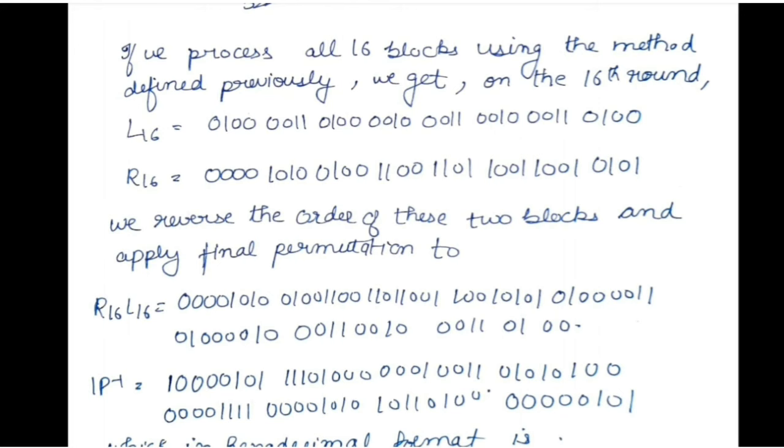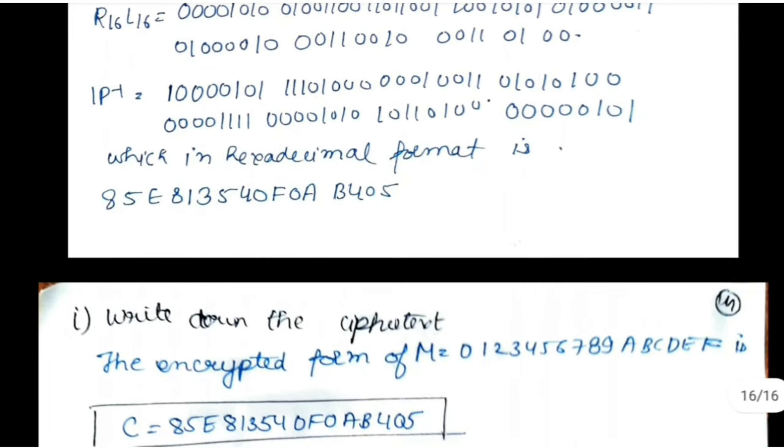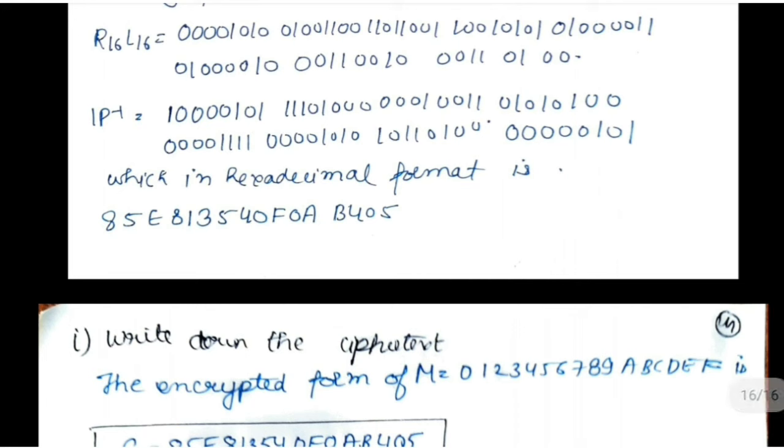If we process all the 16 rounds using the method defined previously, we get on the 16th round the values of L16 and R16. We will reverse the order of these two blocks and finally apply the inverse of that table, that is IP inverse, and this is the value we will get after the inversion.